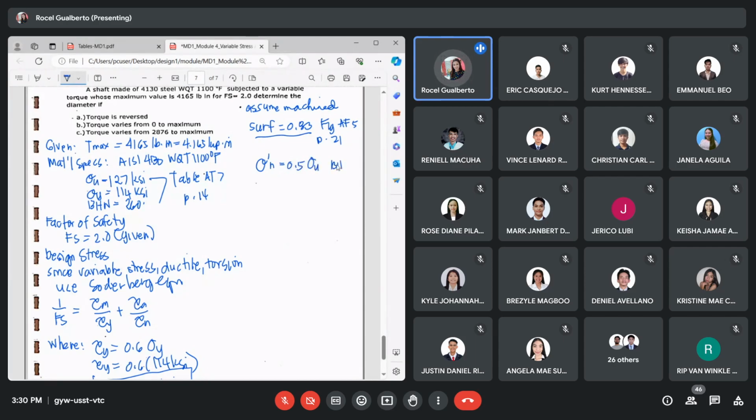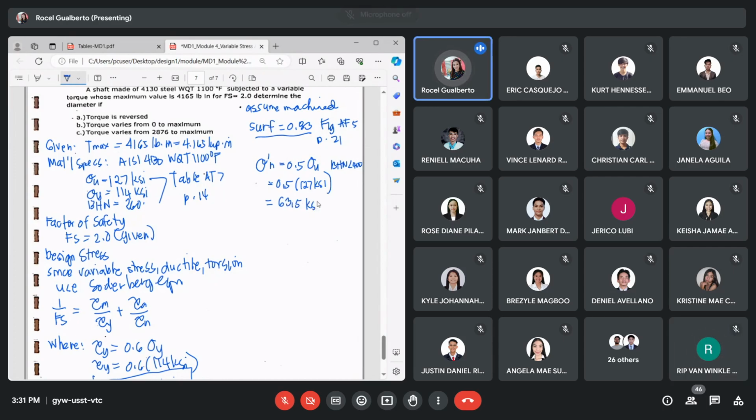That is when BHN is less than 400. Okay? So, sigma prime n, okay, is equal to 0.5. Sigma u is 127 KSI. Okay? So, this would be equal to 60, ano value nito?